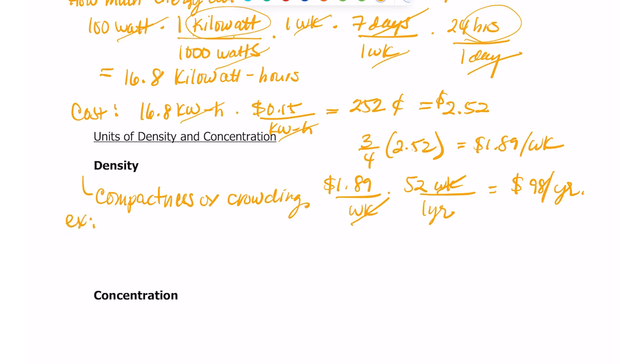An example of that could be the density of water, which is 1 gram per cubic centimeter. So objects with densities less than that will float. Objects with densities more than that will sink.